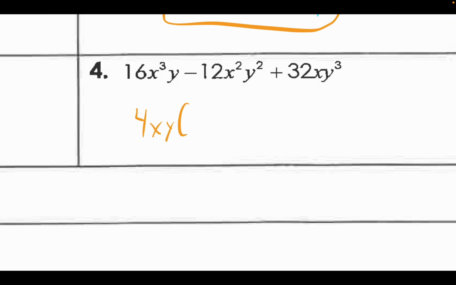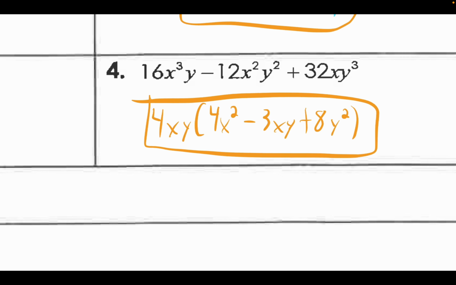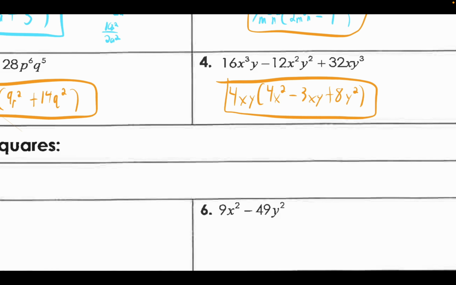The first term becomes 4x squared. The second term becomes minus 3xy, and our third term becomes, I'm starting to write 16 there, but it's 8y squared. My iPad was doing some trickery there on the zooming out for a second.